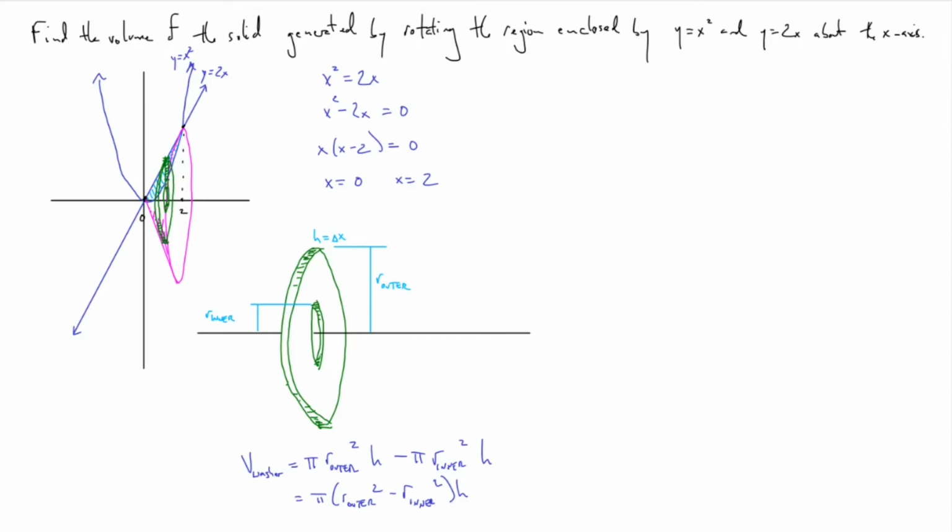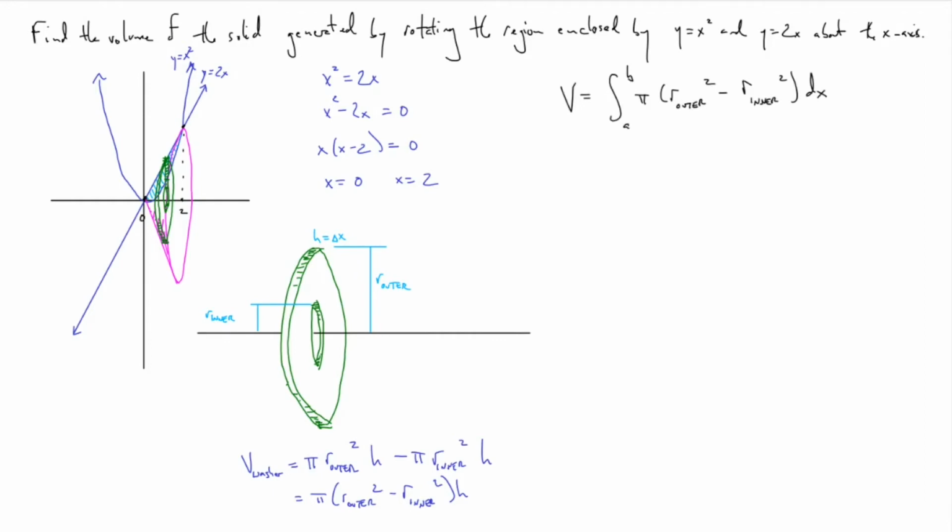That's the volume of a single one of these washers. But as usual, we can approximate the volume of the whole thing by adding up n of these washers, and then get the exact volume of the solid by taking the limit as n goes to infinity, and that limit turns into an integral.